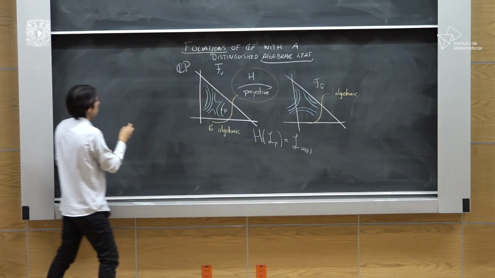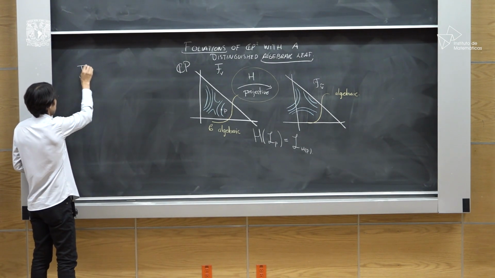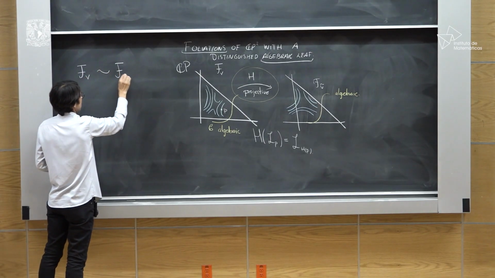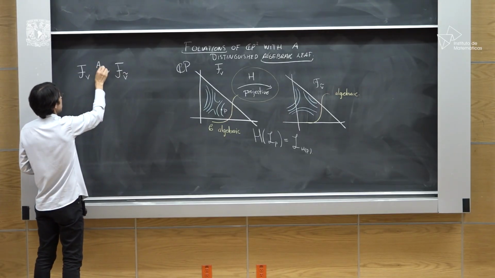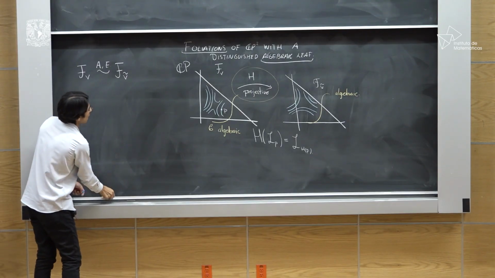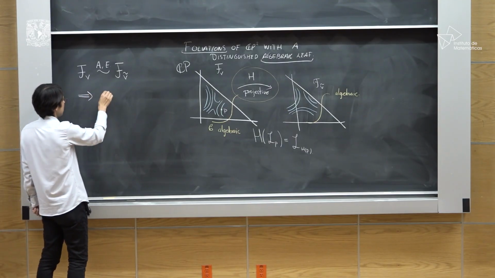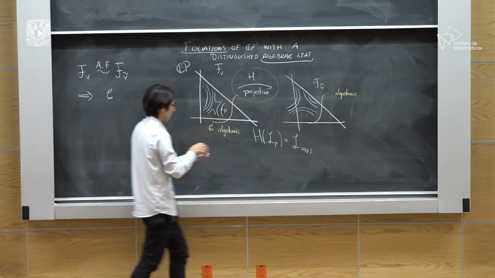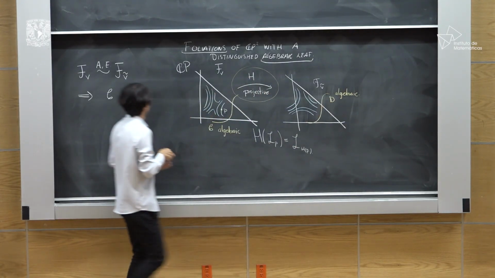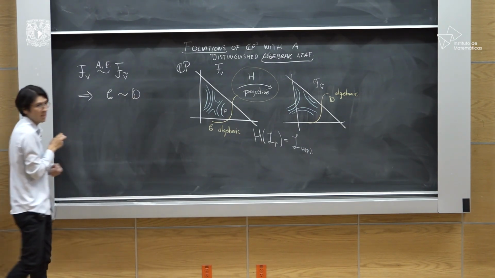Then we have the next fact. If the foliations are analytically equivalent, this implies that C and D, the invariant curves, are also analytically equivalent.